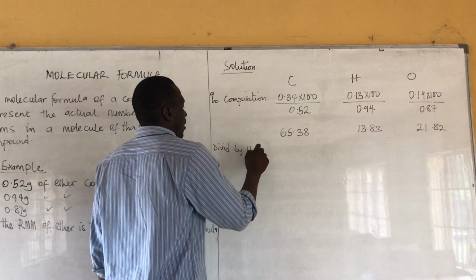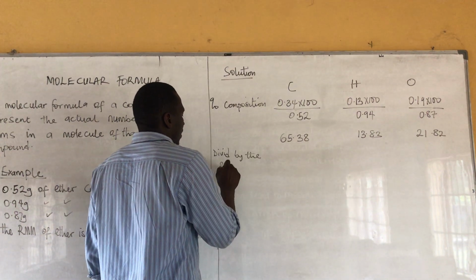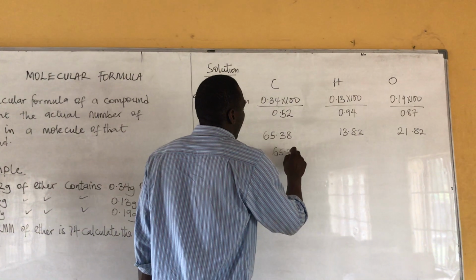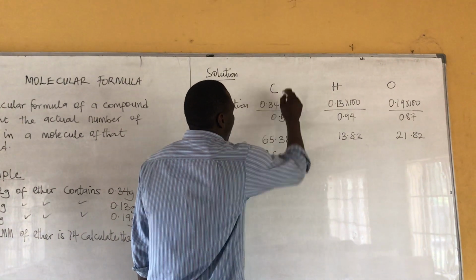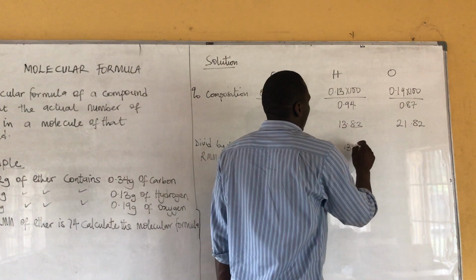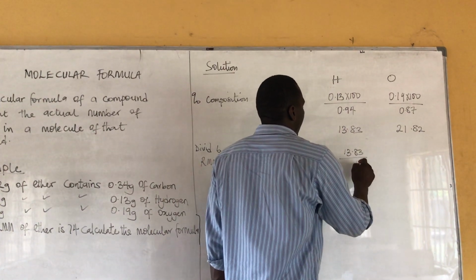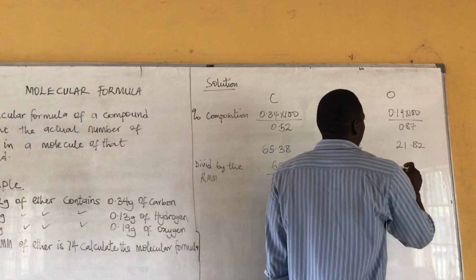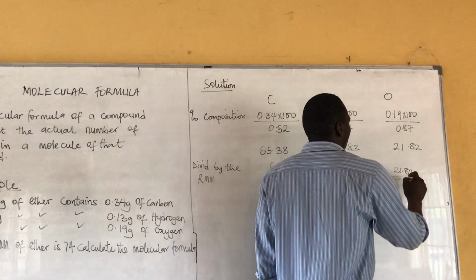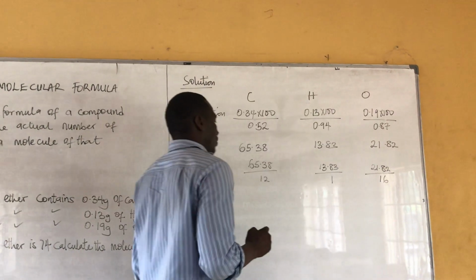Now, let's divide by the relative atomic mass. So 65.38 divided by carbon, which is 12. 13.83 divided by hydrogen, which is 1. 21.82 divided by oxygen, which is 16.